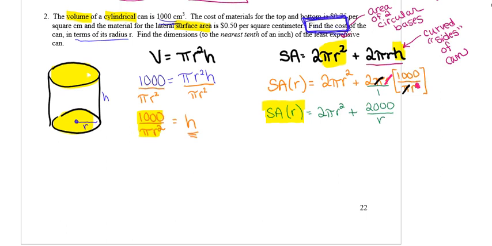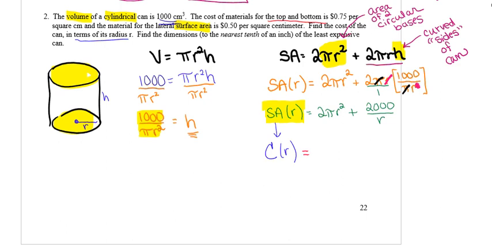I'm now going to change my surface area to a C because I'm talking about cost in terms of the radius. Well, what do they tell us about the cost in the problem? They tell us in the problem that the cost for the top and bottom, so that would be the circular bases, is 75 cents per square centimeter.